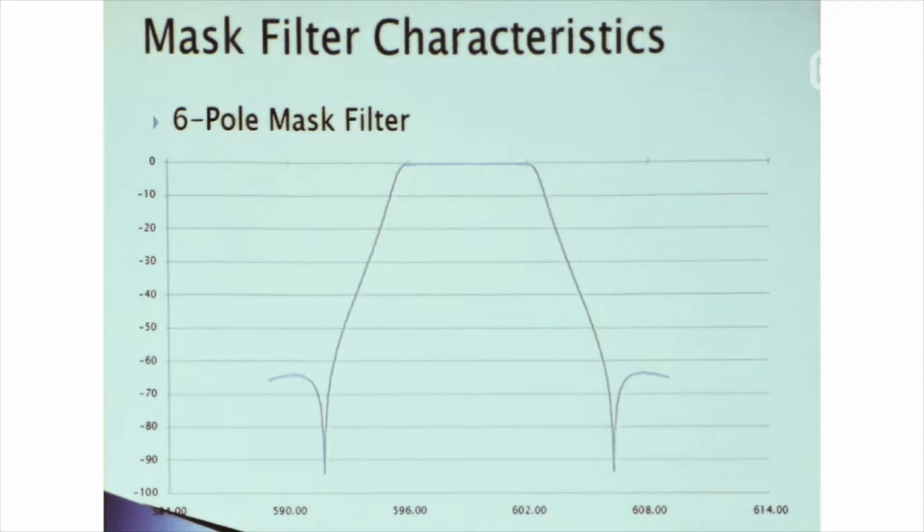And you'll notice that in a 6-pole filter, the channel edge is there, and the roll-off starts a little outside the channel and ends up down at about minus 55 or so, almost a channel away. And we'll see what that does to our noisy, intermodulating signal in a minute. And the same thing happens on the top side of the channel.